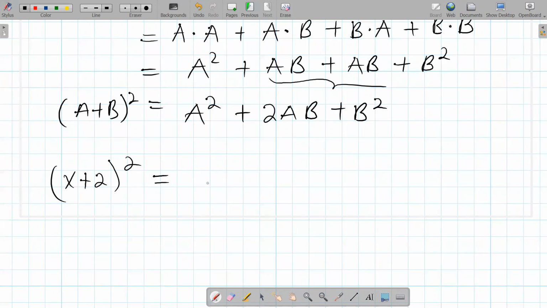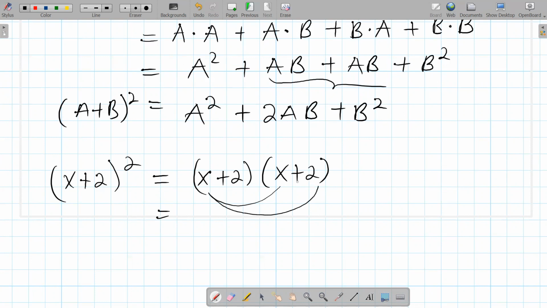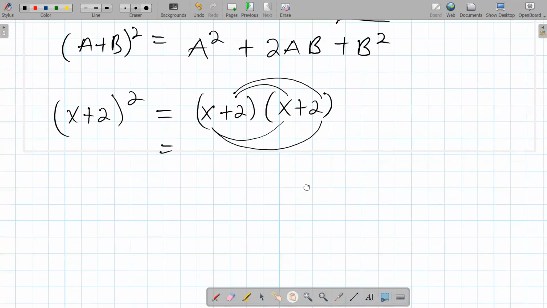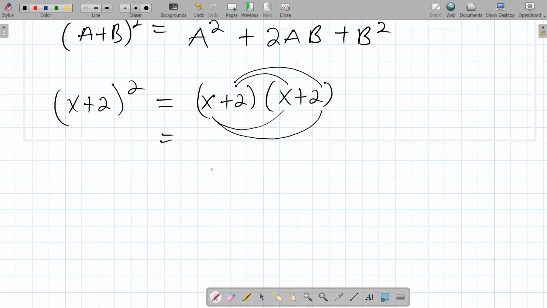Here, I can break it off as x plus 2, x plus 2, and then just do a FOILing. x times x will give me x squared, x times 2 will give me 2x, 2 times x will give me 2x, and then 2 by 2 will give me 4.